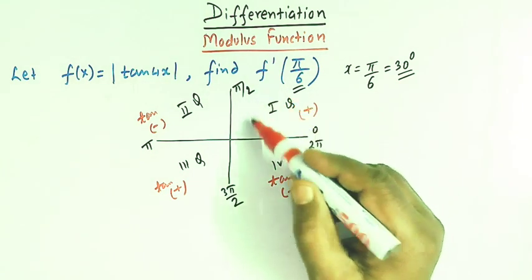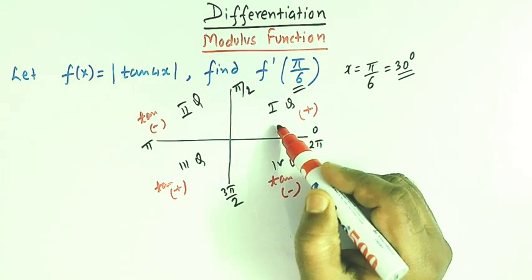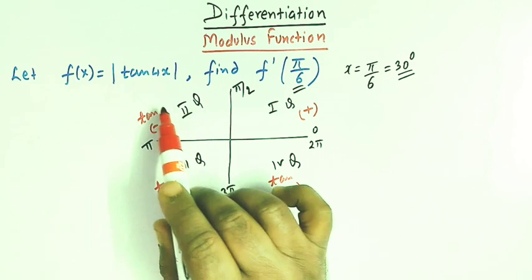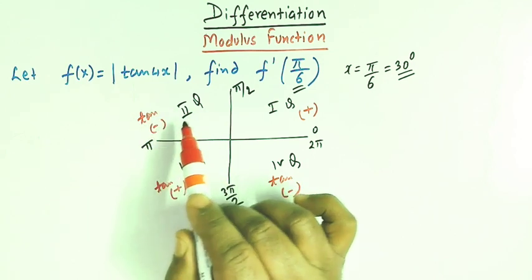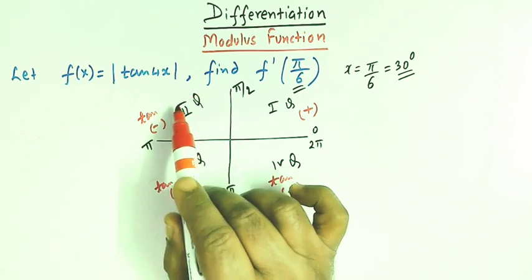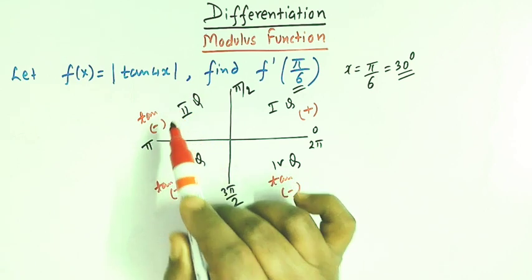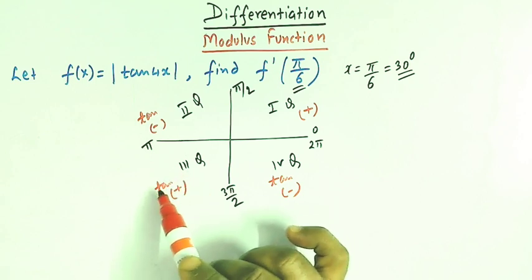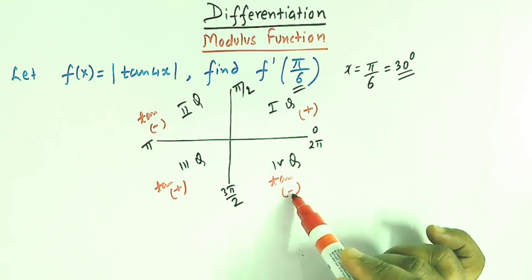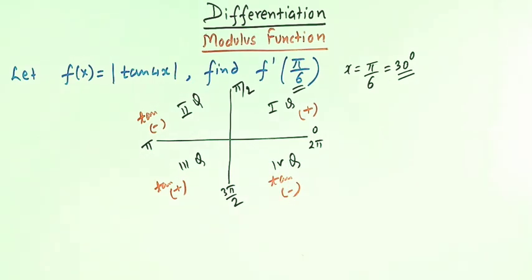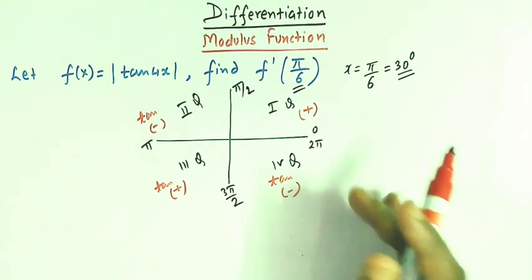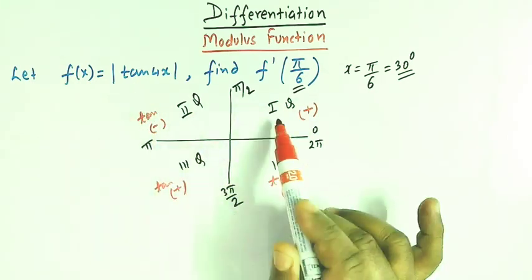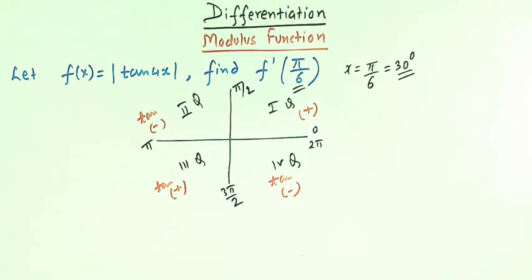So in the first quadrant all the trigonometric functions are positive, in the second quadrant the tan function is negative, that is only the sine function is positive, in the third quadrant the tangent function is positive, and in the fourth quadrant the tangent function is negative.